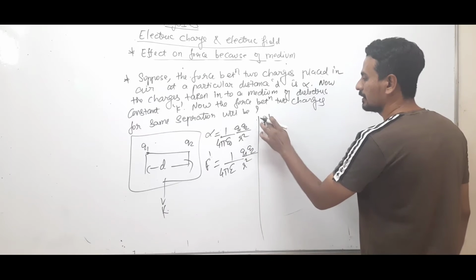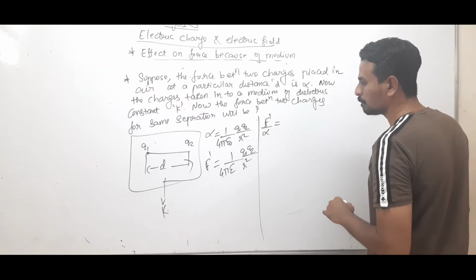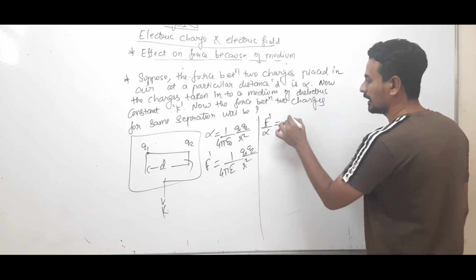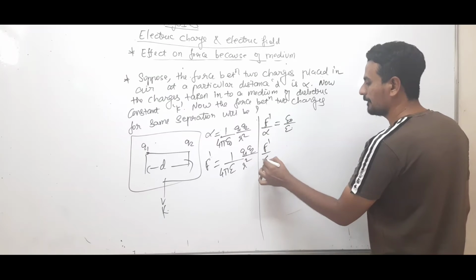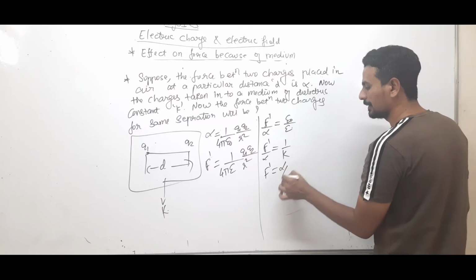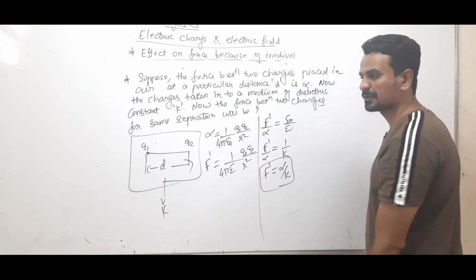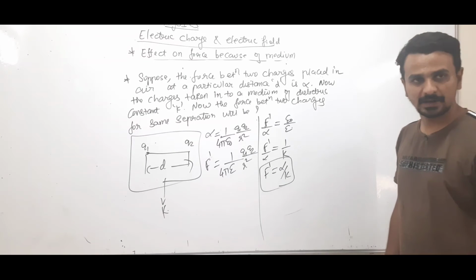F dash by alpha equals epsilon naught by epsilon, so F dash by alpha is 1 by K, so F dash will be alpha by K. Clear? So force will decrease by factor K. Right?